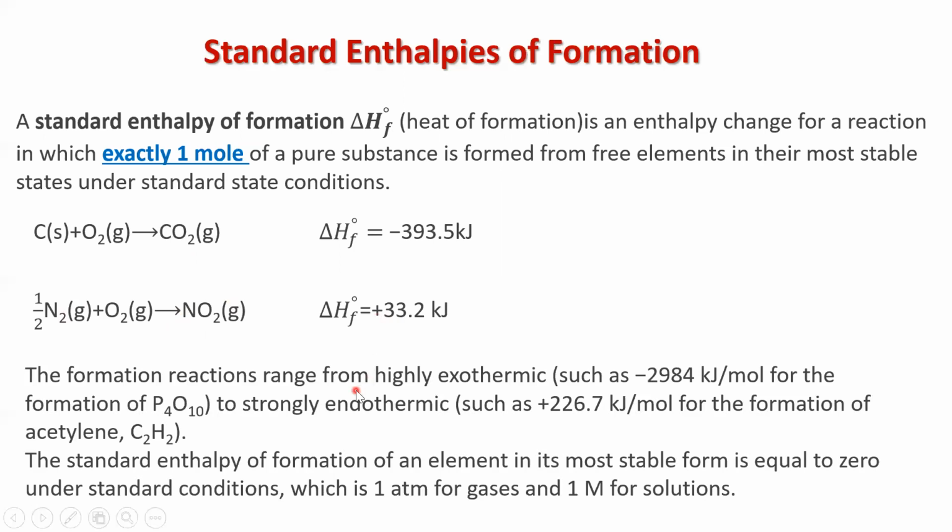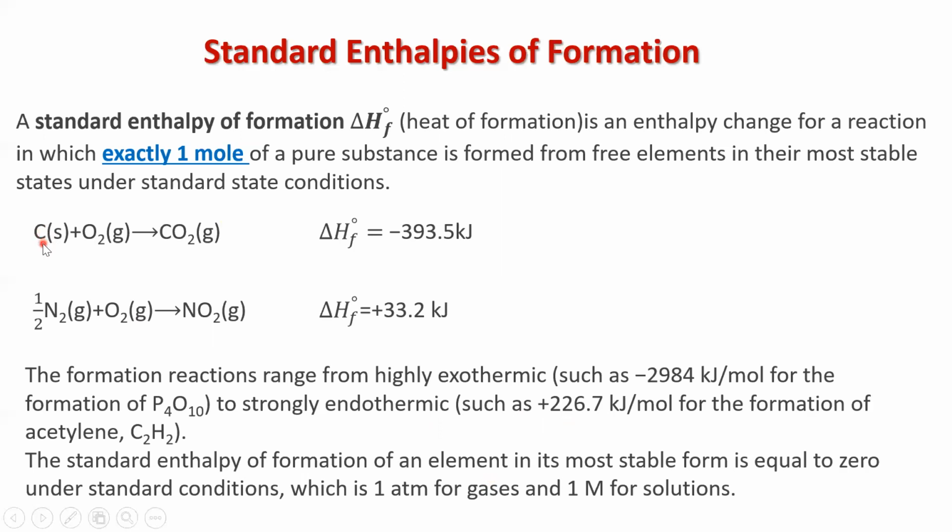When we look at these values, they range from really exothermic, meaning lots of energy is released when that compound is formed, to really endothermic, meaning lots of energy has to be absorbed in order to form that compound. And again, the standard enthalpy of formation for the elements is always going to equal 0. So carbon is 0.